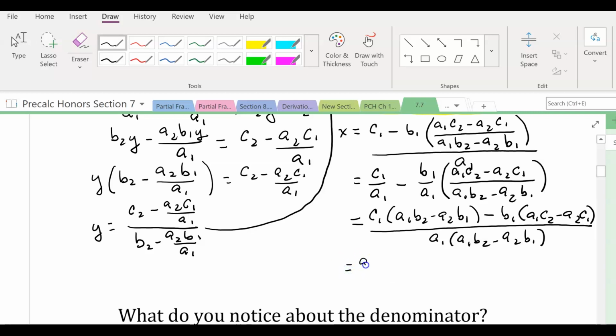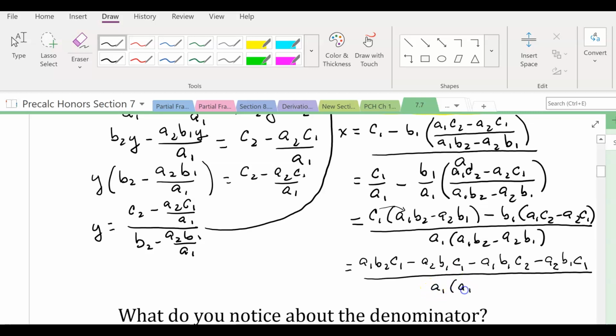So I've got a1, b2, c1, so I'm just multiplying this by the first term, minus a2, b1, c1, minus, now we'll work on this piece, a1, b1, c2, minus a2, b1, c1, and then that's all over my common denominator, which is a1 times a1 b2 minus a2 times b1.